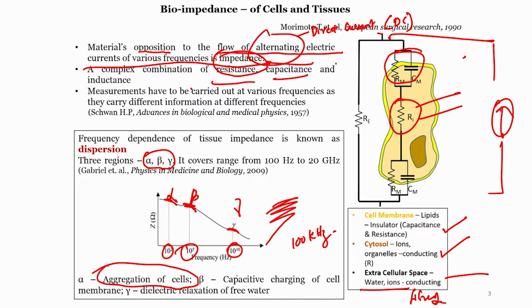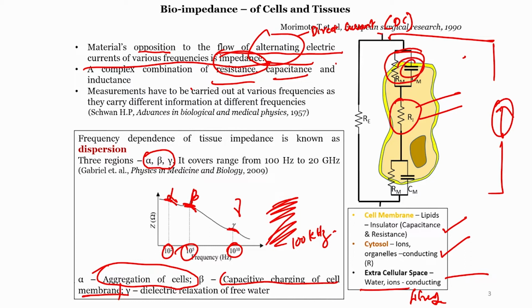Okay, so the dispersion is because of the alternating current and its frequency. So they are constantly charging and discharging. That is why the beta dispersion is contributed by the capacitive charging of the cell membrane, because as we have seen, the cell membrane has a capacitor in it, Cm.